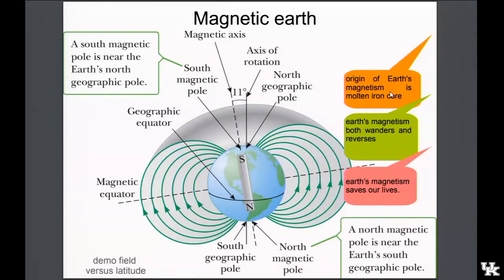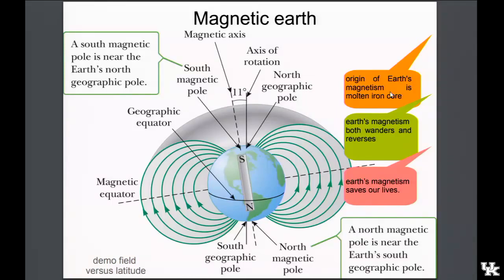A few interesting facts about it. One fact is that the magnetic North Pole, where the field lines come out of, where's that located? It's actually located at the geographic South Pole, in Antarctica.